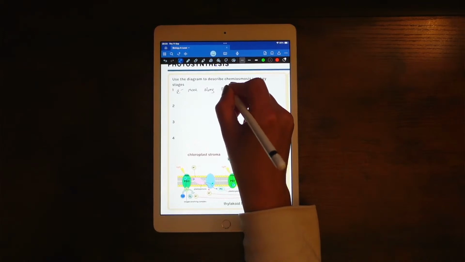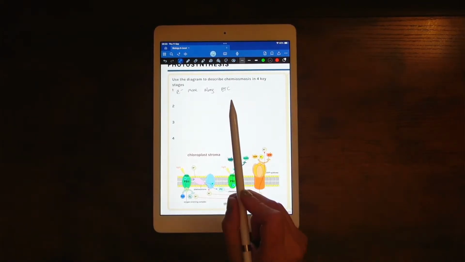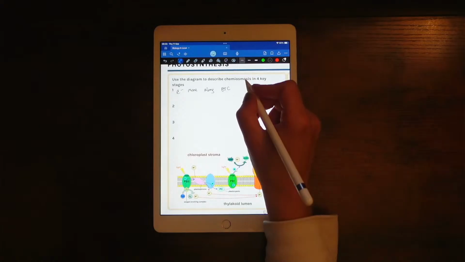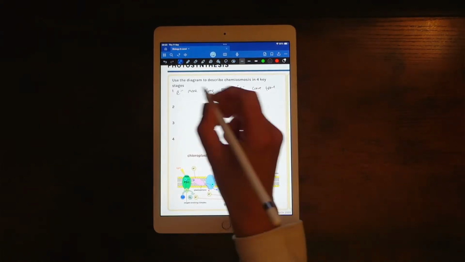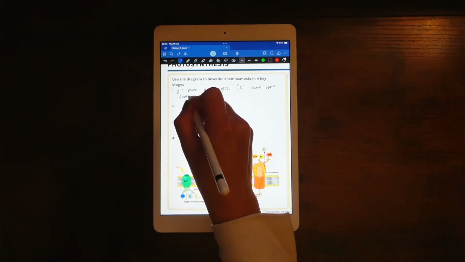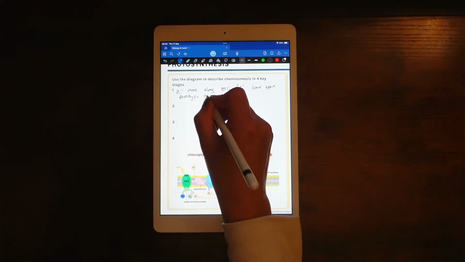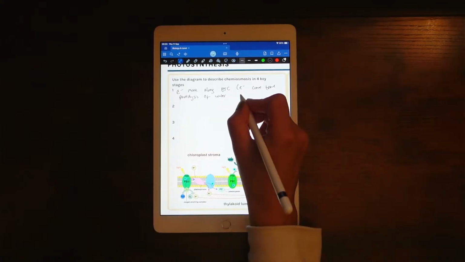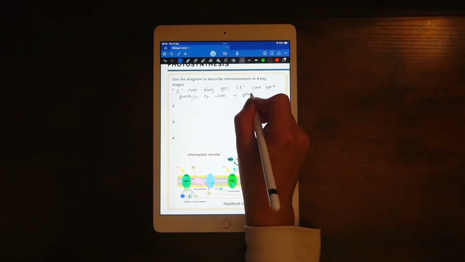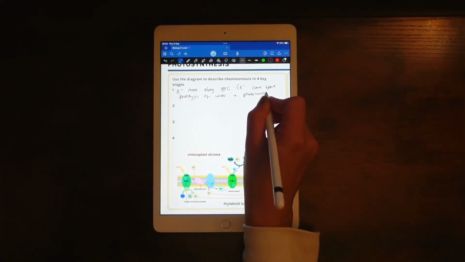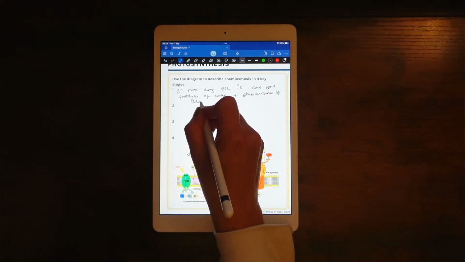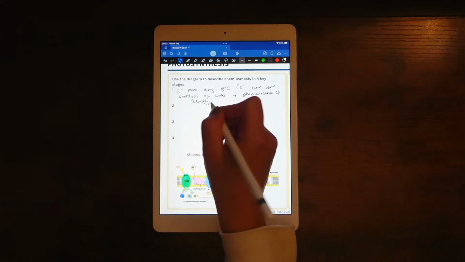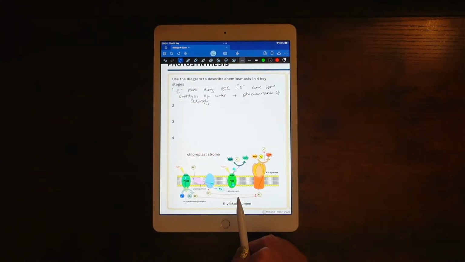Again, I'm abbreviating this, but you would have to write it out on the exam. Electron transfer chain. And the electrons come from photolysis of water and photoionization of chlorophyll. So that would be my first part.